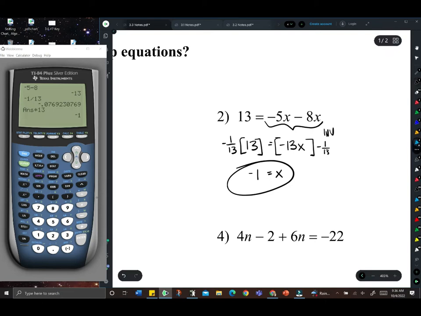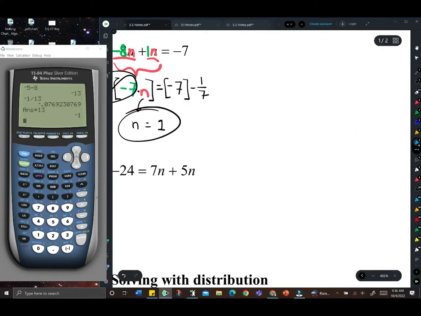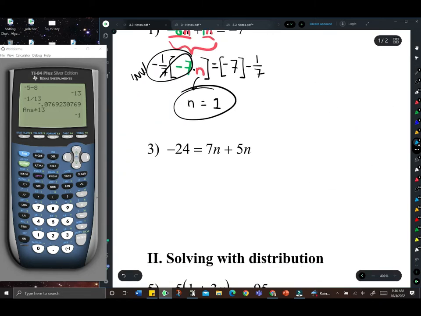Okay, combine like terms. Anything with the same variable, the same exponent are like terms. Some other ones here. So try out 3, 7, and 5 is going to be 12n. Is equal to negative 24. We have to get rid of that 12.